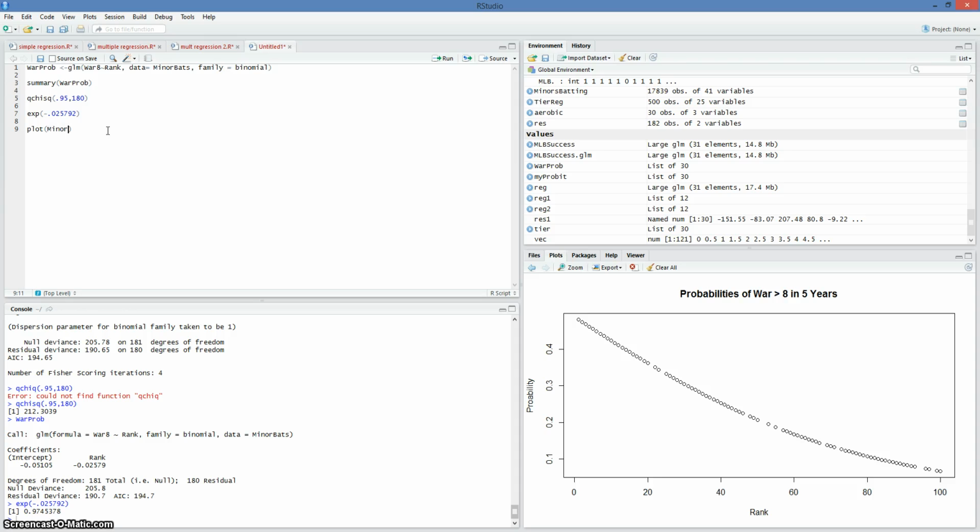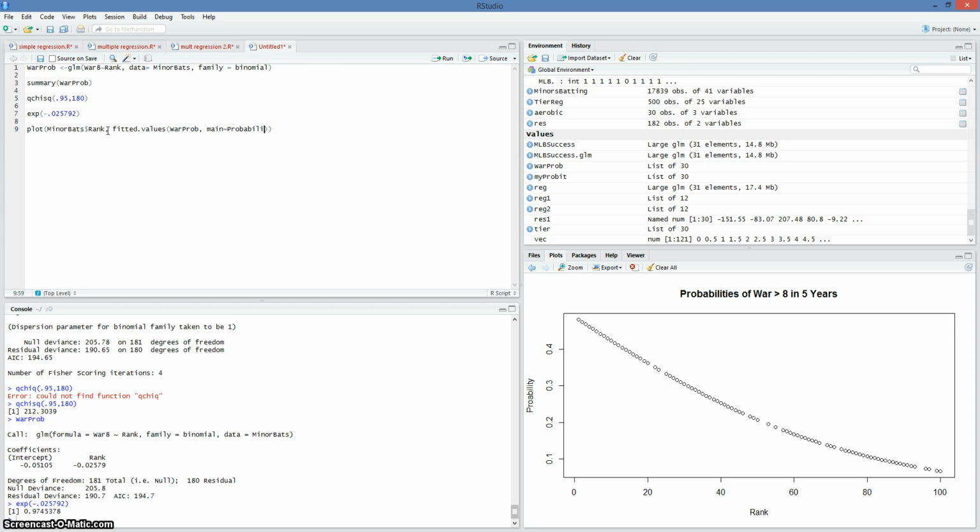We're going to plot minor bats rank, the fitted values of the WAR probability, and I'm going to add a couple titles and axes.